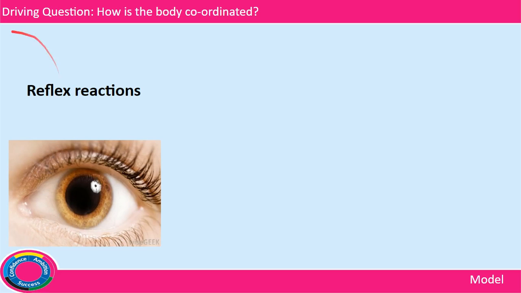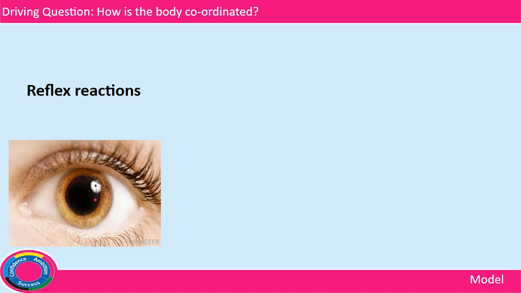So here you can see you've got the sclera, which is the tough white protective layer of the eye. You've got your lens, which is the transparent part that light is going to enter, and you've got the black part here called your pupil.